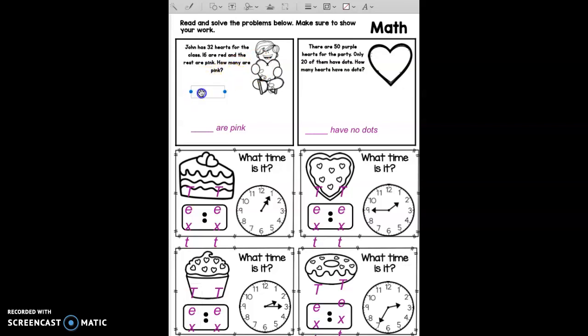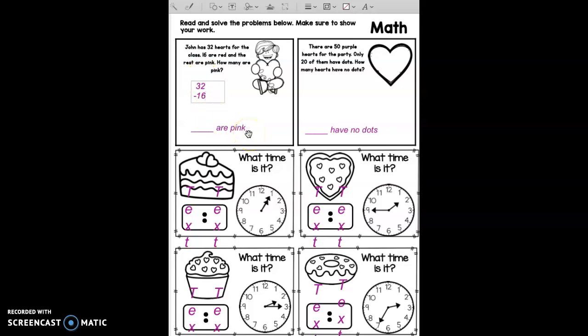So if we go right in here and we say we have 32 and we know that 16 of them are red. So we want to know what left over is pink. Okay. So we would write our problem nicely stacked, just like this.